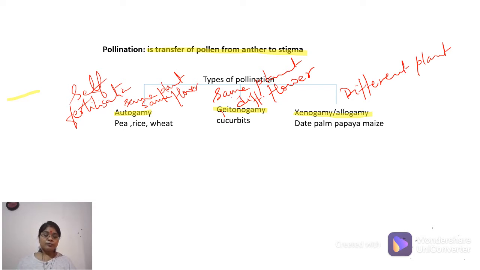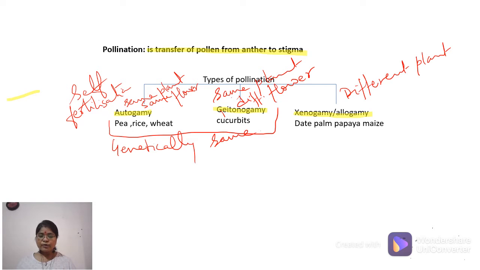So what do you see in case of autogamy and geitonogamy? They are genetically identical, the same. And in case of xenogamy and allogamy, they are genetically different.